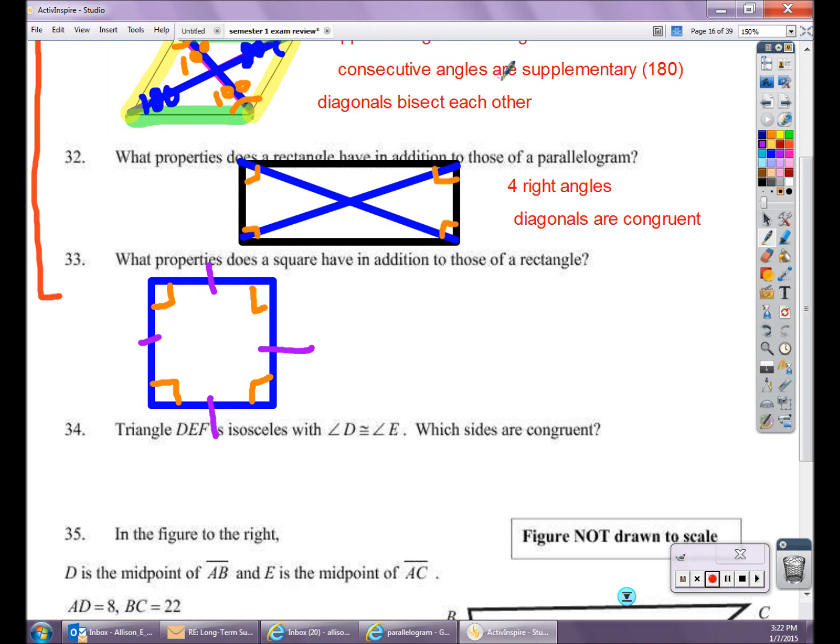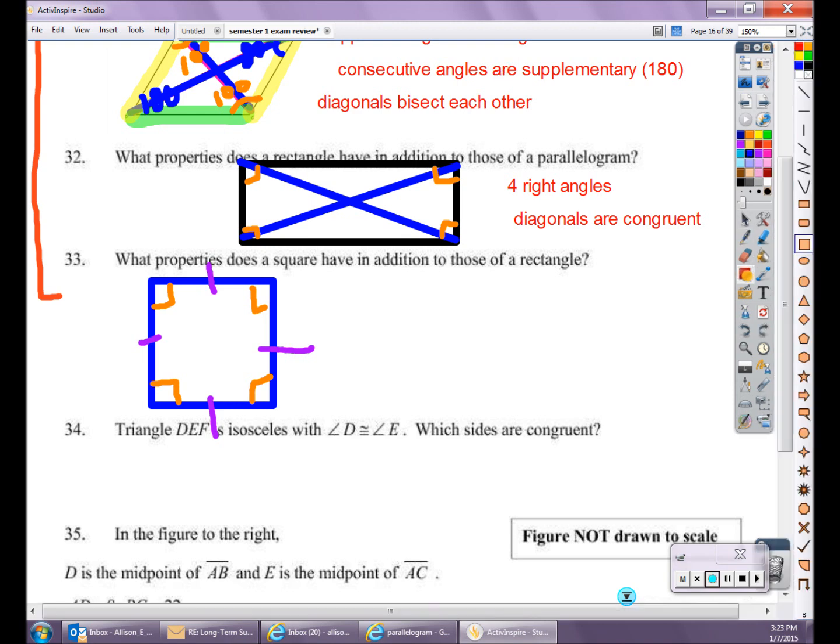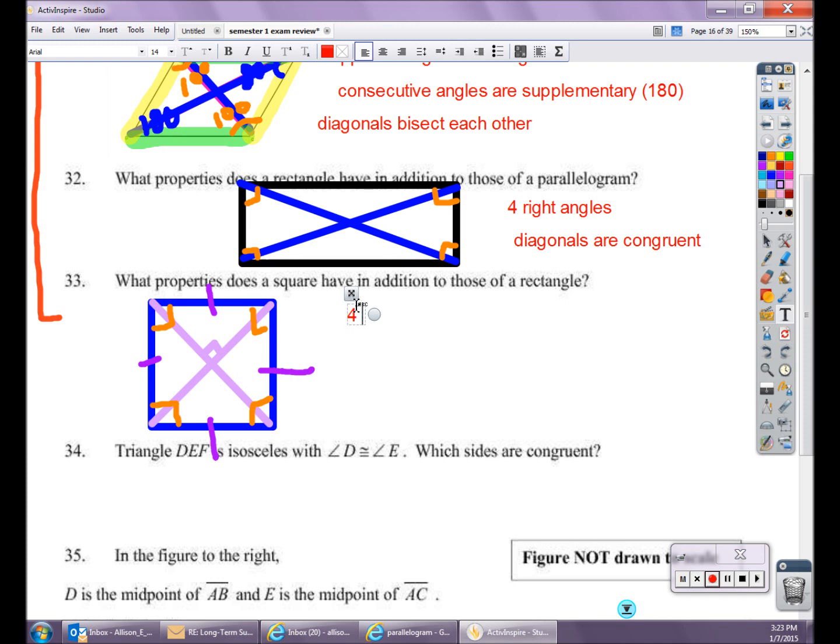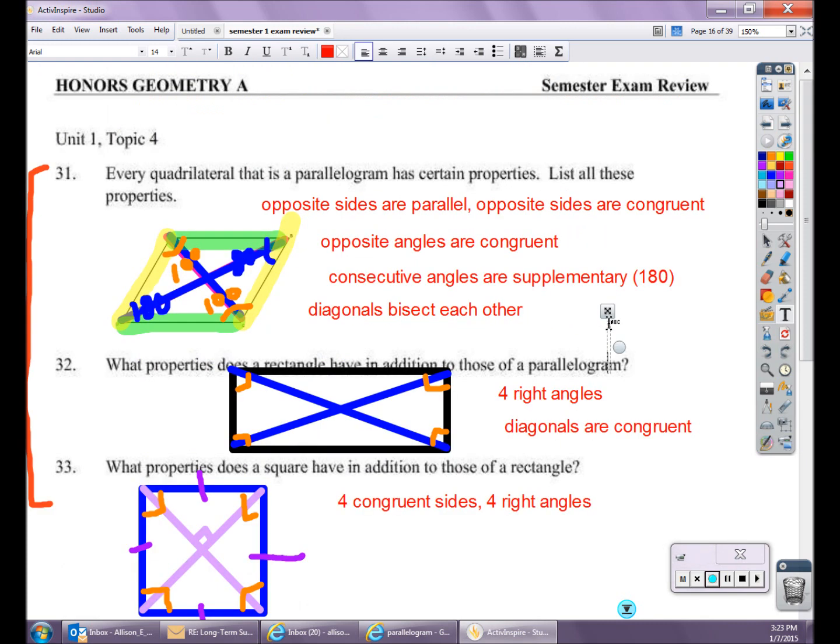What else do you need to know? You probably need to know that the diagonals of a square are congruent, just like a rectangle, but they're also 90 degrees, so they're also perpendicular. Okay, so we have 4 congruent sides, 4 right angles, just like a rectangle, and then this one is the same as a rhombus. You have that the diagonals are perpendicular.